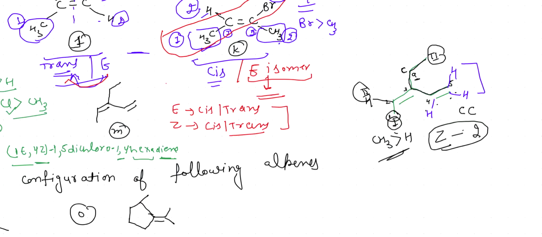So its name is Z-1-chloro-2-ethyl-1,3-butadiene. Sorry, here is the chlorine group.